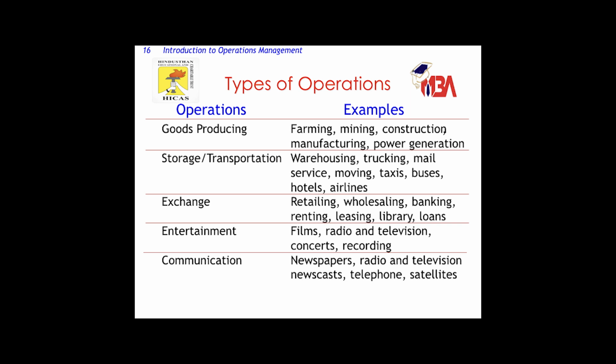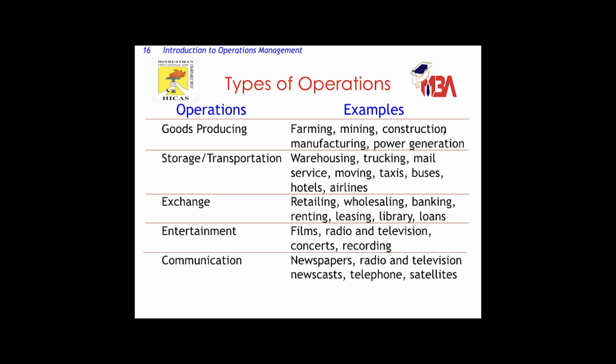If you look at the exchange operation, examples are retailing, wholesaling, banking, renting, leasing, library, loans providing. They all come under exchange operation. So almost all the examples we have given are self-explanatory.